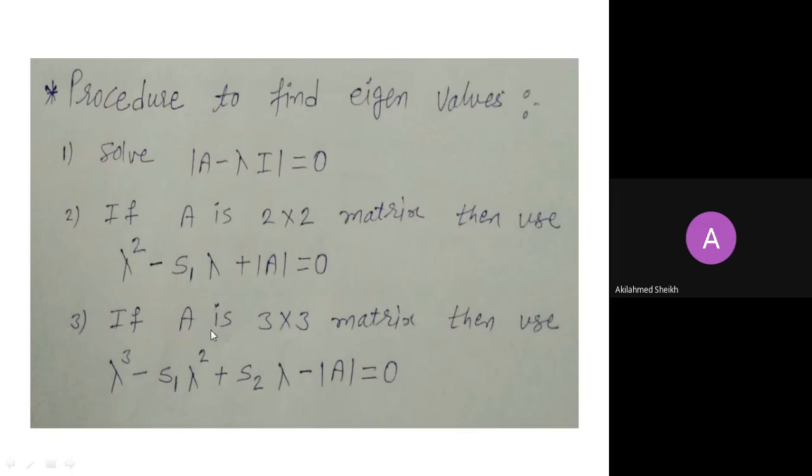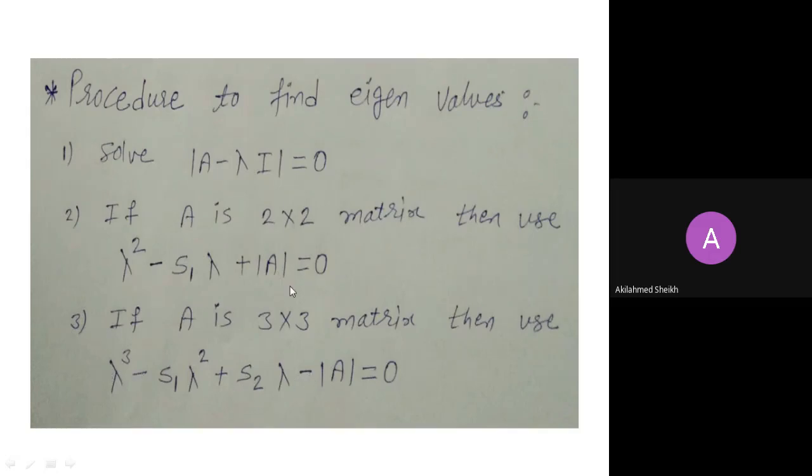If the given matrix A is 3 by 3, then we use lambda cube minus S1 lambda square plus S2 lambda minus determinant of A equal to 0. You note that the signs are alternating starting with positive, means first sign is plus and then minus.